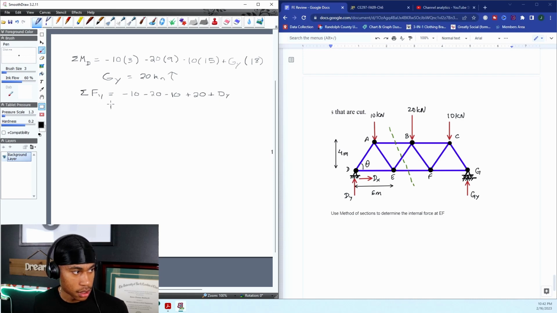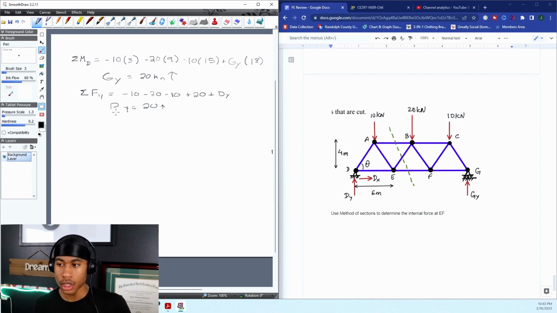So that means Dy should equal 20 as well. All right, and the upwards force. So we got 20 on this side, 20 on this side, and that's 40 on the bottom, 40 on the top. So we know this makes sense.